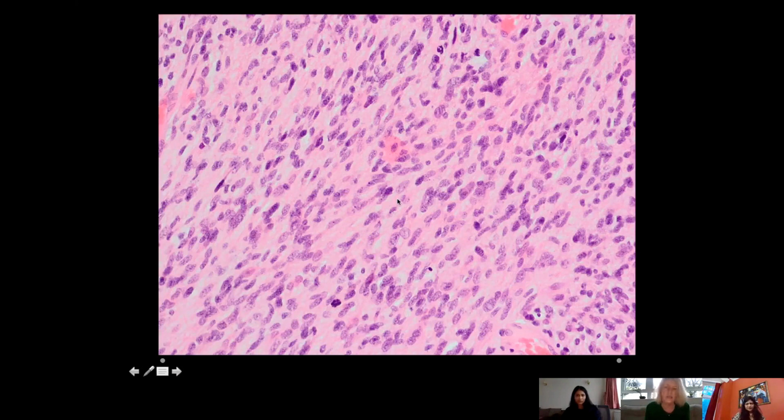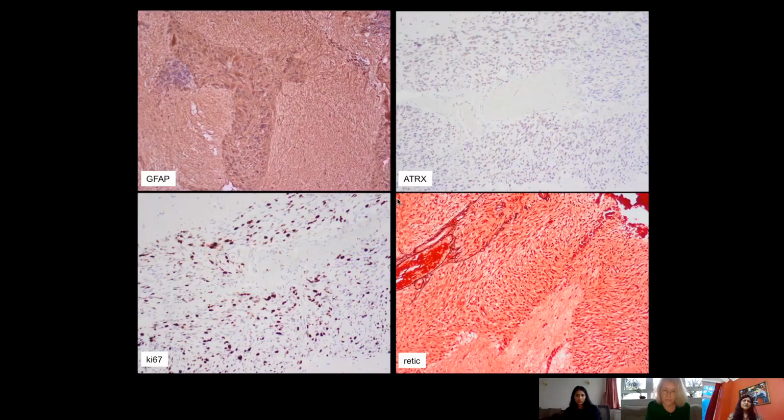So these are the appearances of a high-grade glioma with astrocytic differentiation, in a slightly unusual site for a middle-aged patient, which is the cerebellum. Remember, the cerebellum is a typical site for tumors in children and young patients. And we were seeing a very spindly morphology.